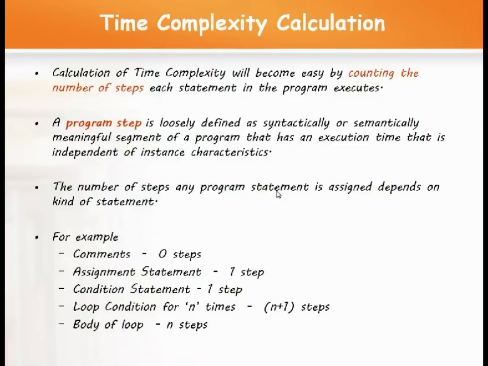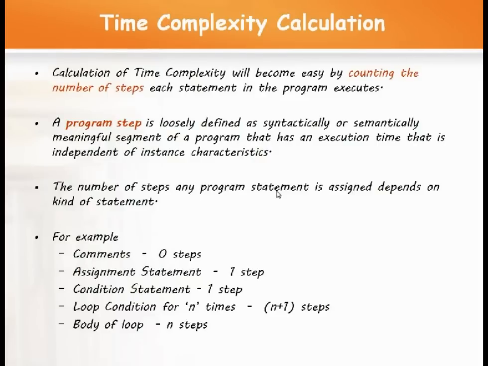For example, if it is a comment, it is not executed at all, and it takes 0 steps. If it is an assignment statement, it takes only 1 step to assign the value. If it is a condition, it takes only 1 step to check the condition. If it is an iterative statement or a loop, to iterate n times, it takes n plus 1 steps, where n steps will check the true condition and the n plus 1 step will check the false condition.